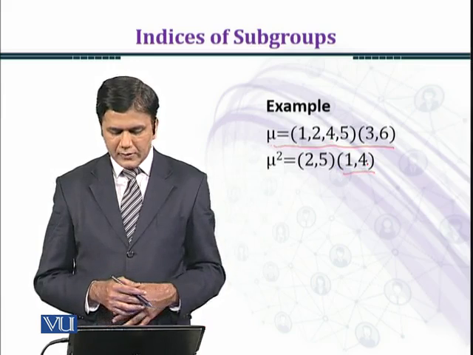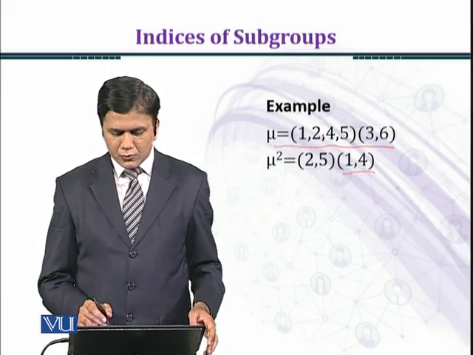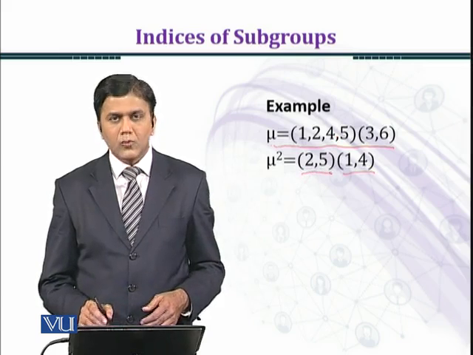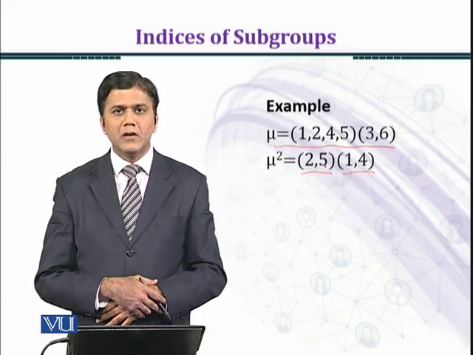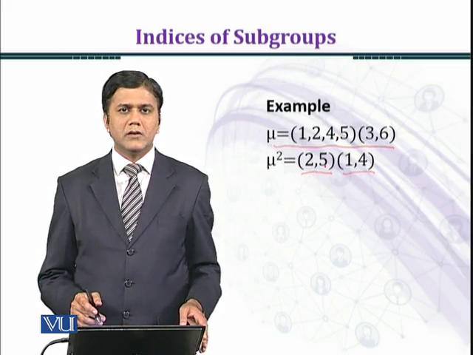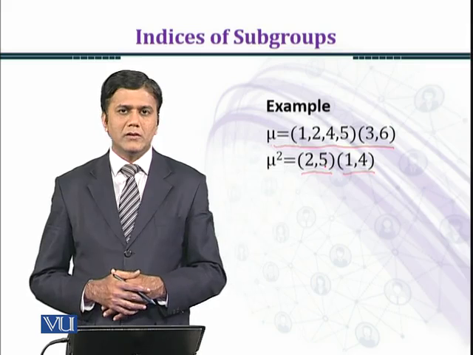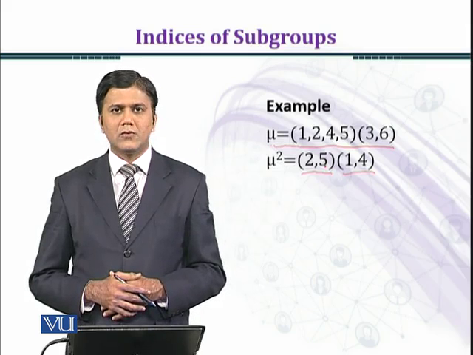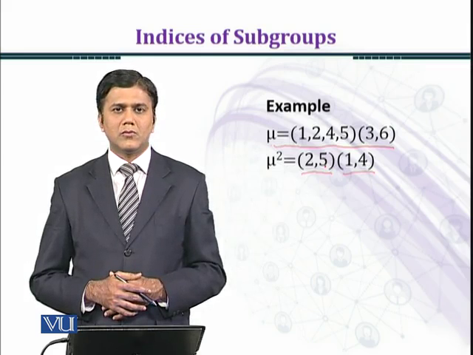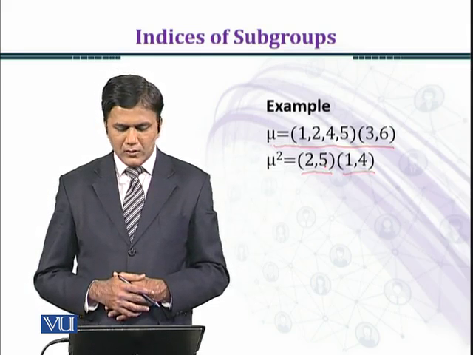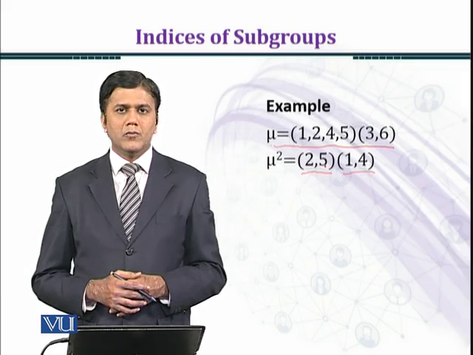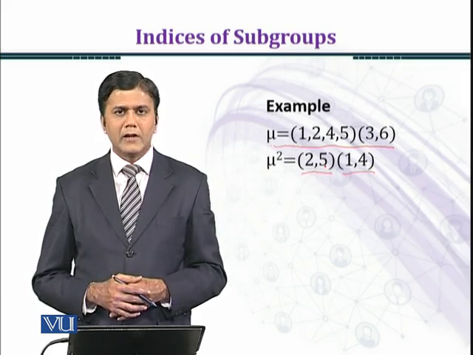Then 2 goes to 4 and 4 goes to 5. It means that 2 goes to 5. 3 goes to 6 and 6 goes to 3. It implies that 3 is fixed, and 6 goes to 3, 3 goes to 6, so 6 is also fixed here. So in this manner, we have multiplied mu with mu and we shall get mu square.